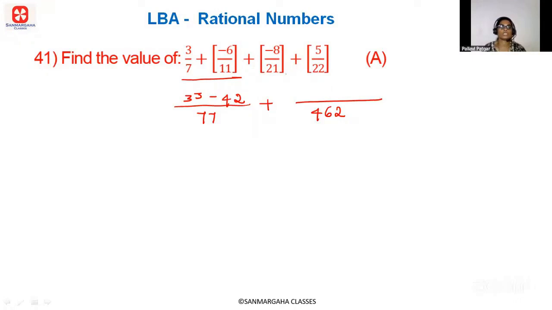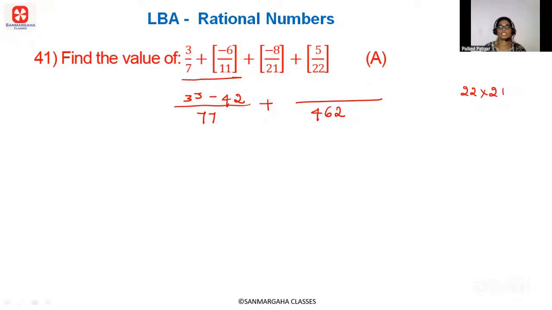So here 22 multiplied with 8. So here 22 into 21, so this is 462.